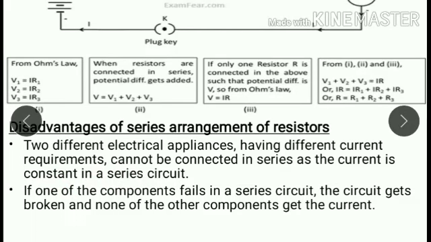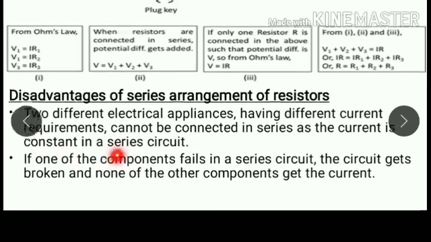For example, if a series combination is present at your home, the first is a bulb and the second is a fan. The bulb requires 60 volt and the TV requires 240 volt. When the connections are in series combination, the current is the same. When the 240 volt current goes through the bulb, it will blast. That's why we use the parallel combination at home.